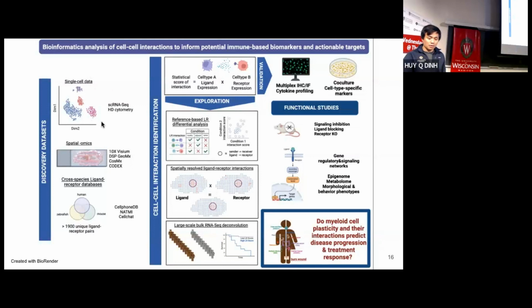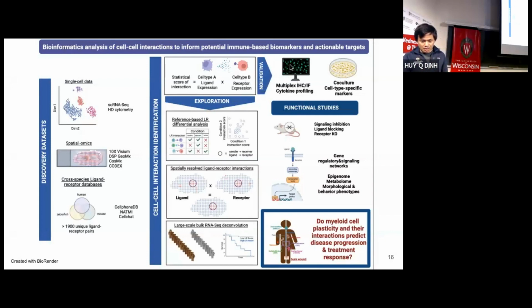And since the data is still limited, we also computationally decompose them using bulk analysis from publicly available data, or we generate them ourselves so that we can scale up to 100 samples or something like that. And then we try to link the score we found here with a clinical feature where we have a higher number of samples.